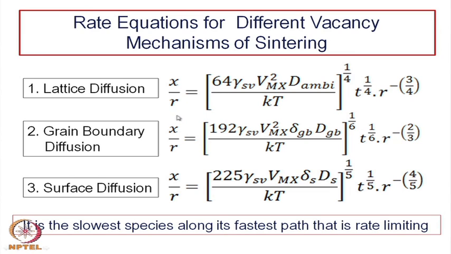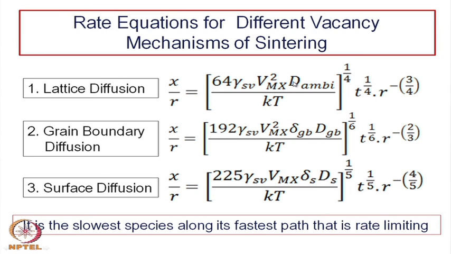Once again, the ultimate parameter which we would like to determine is the x by r in each case, as also in the case of evaporation condensation. Only thing, we have introduced a few more terms like D, the diffusion coefficient here.